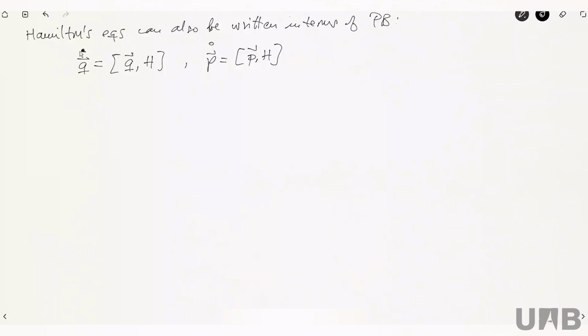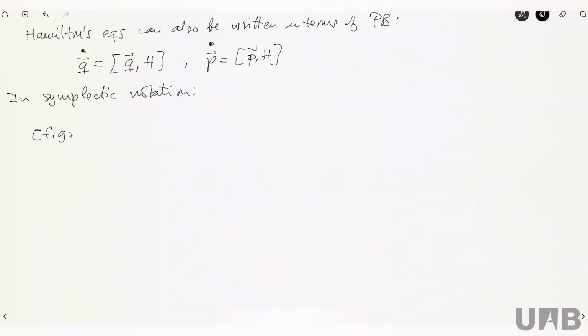Now, we also introduced the symplectic notation, which was a condensed and compact notation in which we group together Q's and P's. So we can also use it in symplectic notation. We can also define the Poisson bracket.